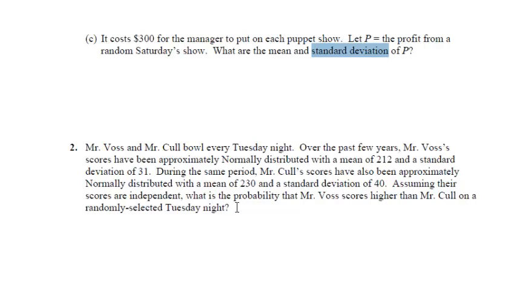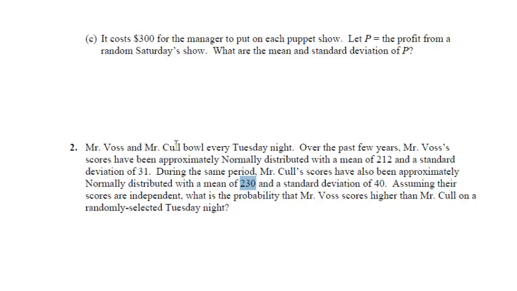And some papers got marked incorrect or had points taken off because they did Cole minus Voss, but then somehow didn't switch it along the way to represent the right idea. So let me go through it for you for a second. If we do Voss minus Cole, we would take Voss, who is 212, and Cole, and subtract them in that order. And we'd actually get a mean of negative 18.